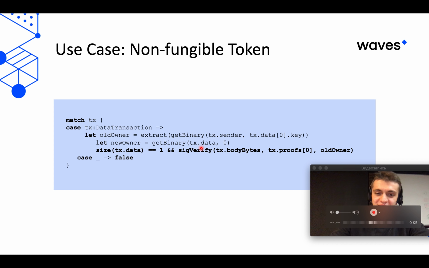We just check that in this outgoing transaction there is binary data, and we check that this transaction tries to update only one key, only one value for one key, and we check the signature for this transaction. So we check that the old owner signed the transaction, the transfer of the non-fungible token.